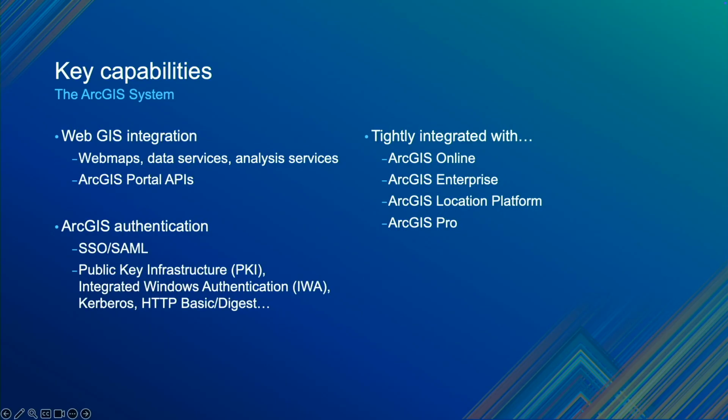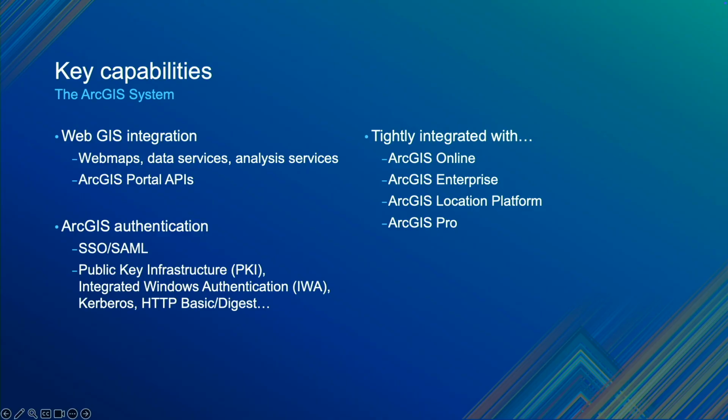Now, with those basics in place, let's talk a little bit about how the SDKs work with the ArcGIS system. They support our WebGIS patterns, working with web maps, web scenes, ArcGIS portals like ArcGIS Online and ArcGIS Enterprise, and ArcGIS data services and analysis services. They embrace our authentication and authorization models, whether you're using named users with OAuth or API keys.